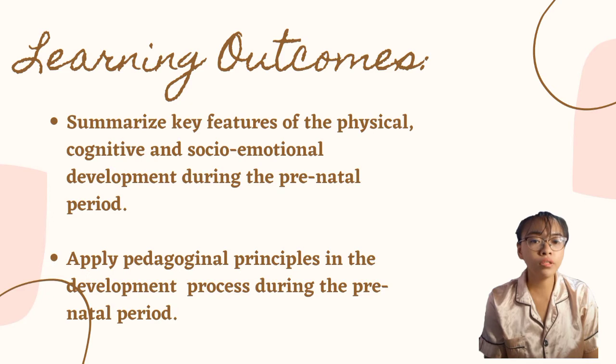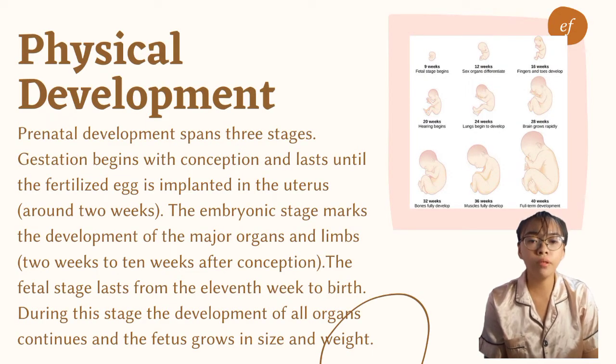So let's first talk about the physical development. Nature and nurture are both important in the development of all stages of human life. Nurture, that is environmental factors such as good nutritional intake by the mother and avoidance of toxins, significantly affect prenatal health.